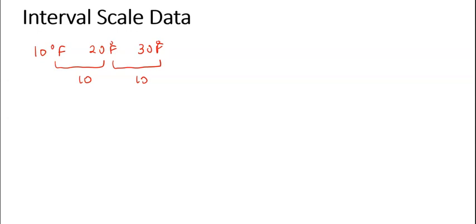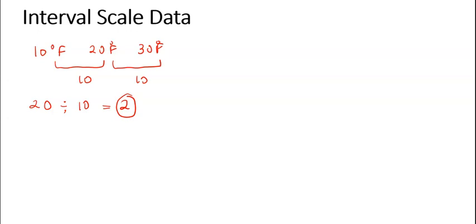However, we cannot measure the ratio. What I mean by that is, if you divide the second temperature 20 by the first 10, you will find 2. But this does not mean that it's twice as hot. Next, there is no true zero.